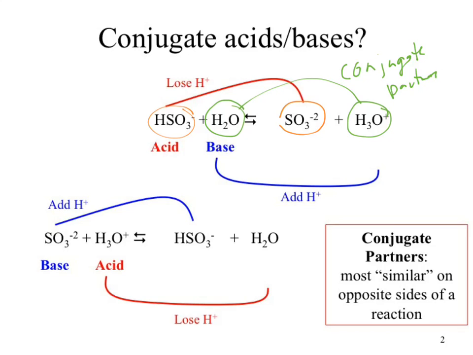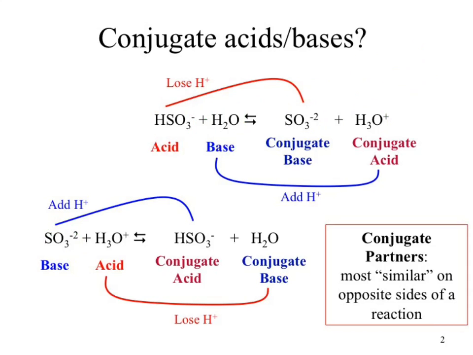If we look at the bottom one, what did SO3 minus 2 do to become HSO3? It had to gain a hydrogen, which means that species acted as a base. So we can refer to it as a conjugate base.